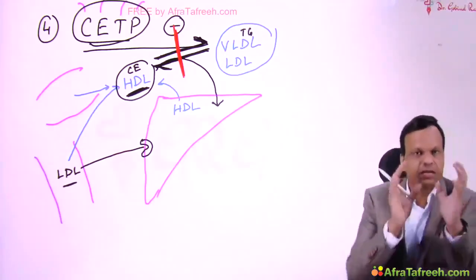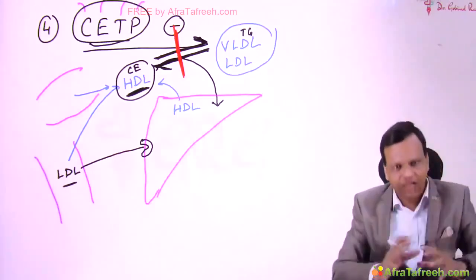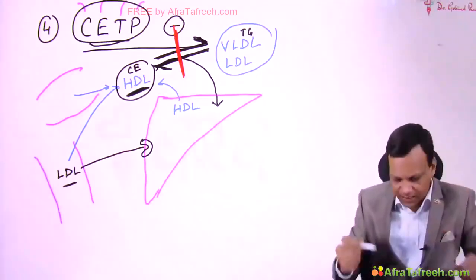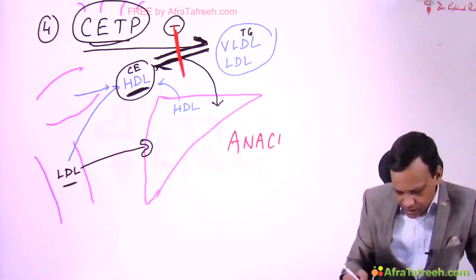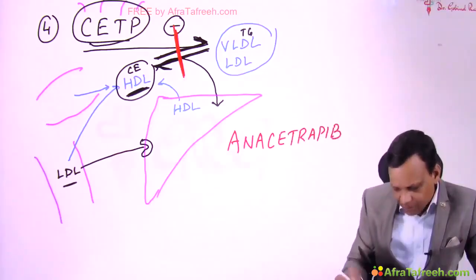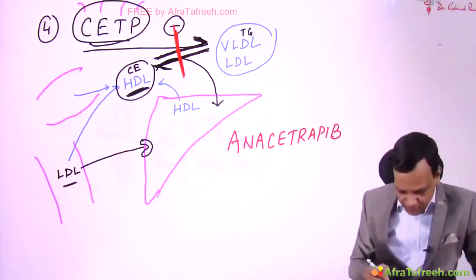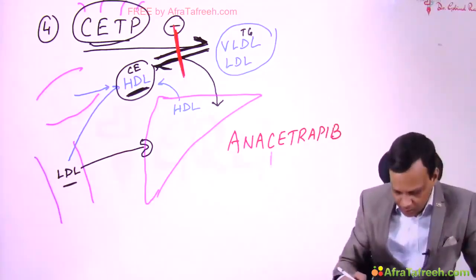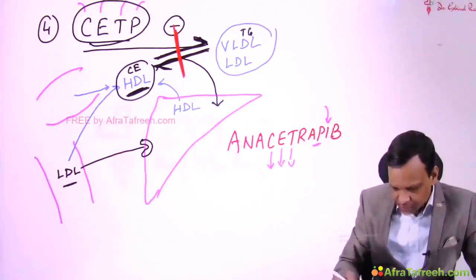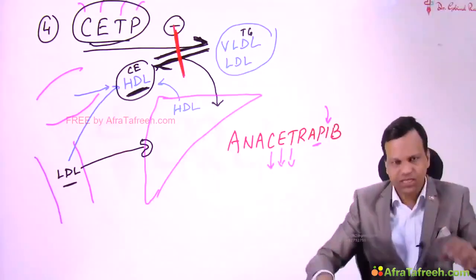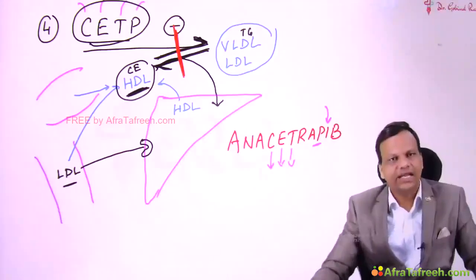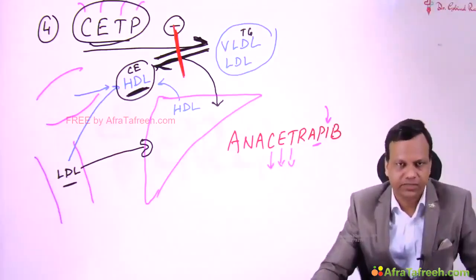So the drug inhibiting CETP acts by increasing HDL, and the drug is anacetrapib. Anacetrapib is a CETP inhibitor. Again, from the name you can remember, the name contains CETP inhibitor. Clear? So these are the important points regarding the anti-dyslipidemic drugs.